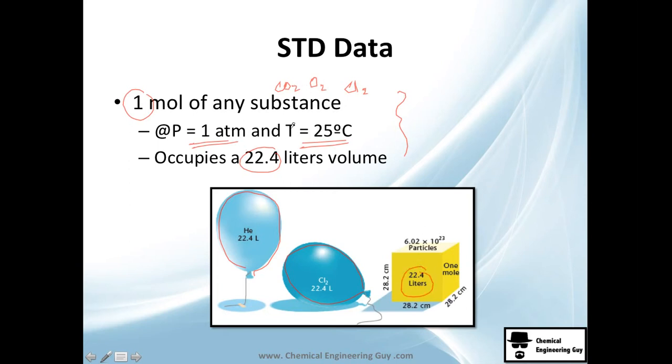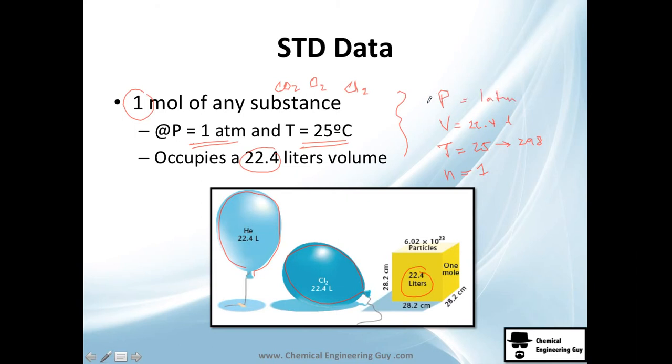So if you can learn that, you can learn P, V, T, and N. You know N is 1. You know temperature is 25, and you can change it to Kelvin if you want. Volume is 22.4 liters, and pressure is 1 atmosphere.